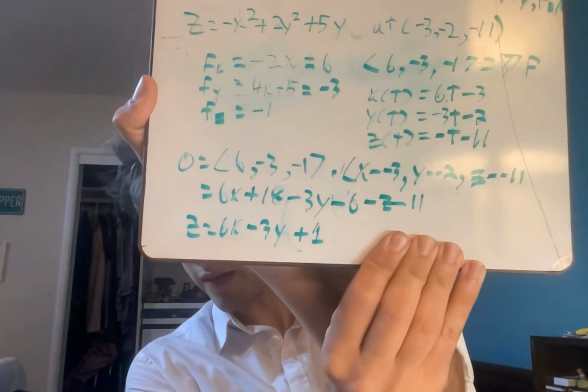If I wanted to rewrite that so that it's z equal to something, z is equal to 6x minus 3y plus 1. And I have this all written out in CalcPlot 3D.